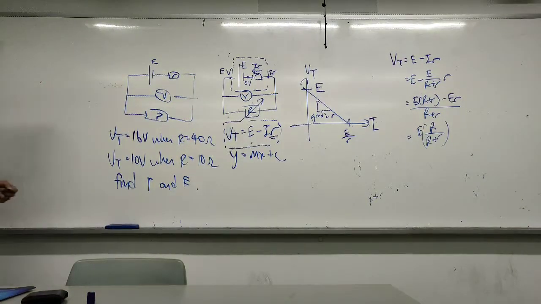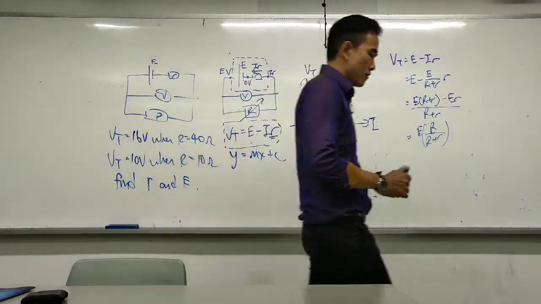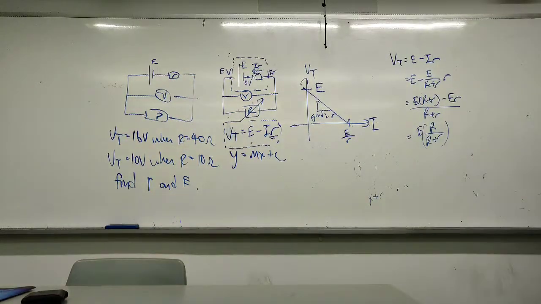Given these two sets of data, find the value of the EMF of the battery and the small r.